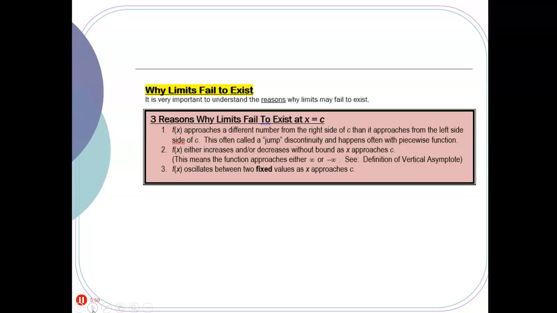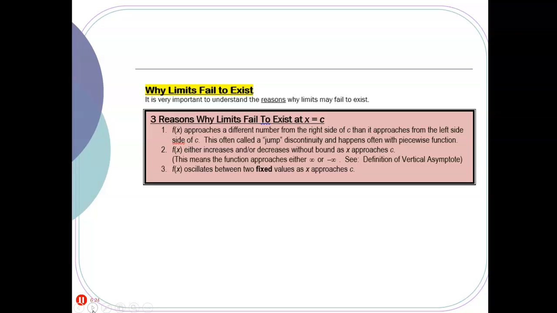There are 3 reasons why a limit fails to exist. We have previously talked about the fact that a limit will fail to exist if the value in the domain jumps. A lot of times that jump occurs with something like an absolute value where it jumps around.